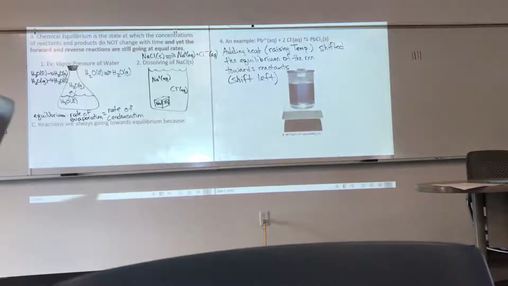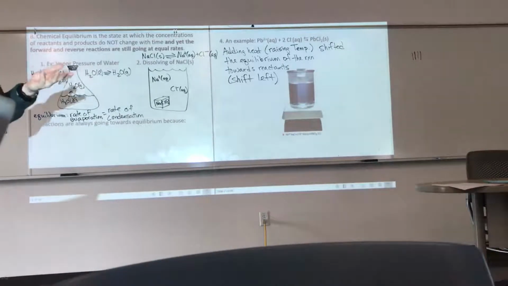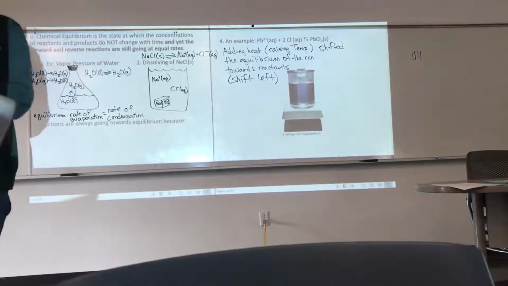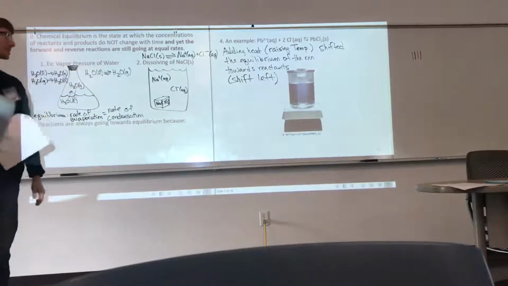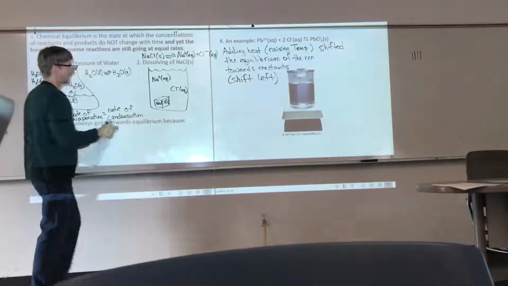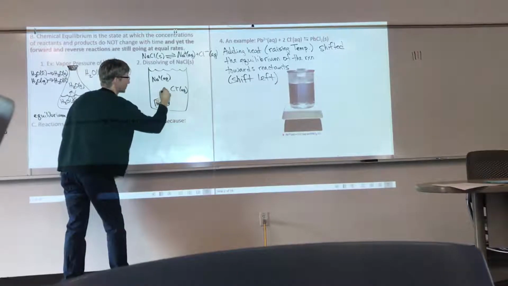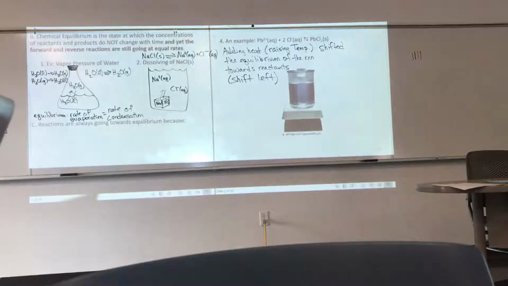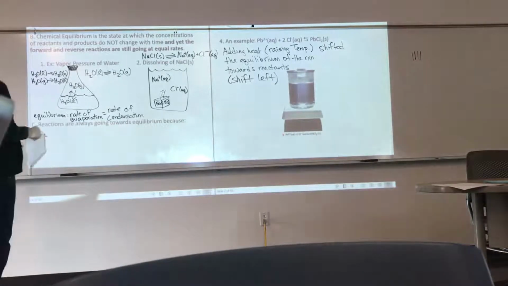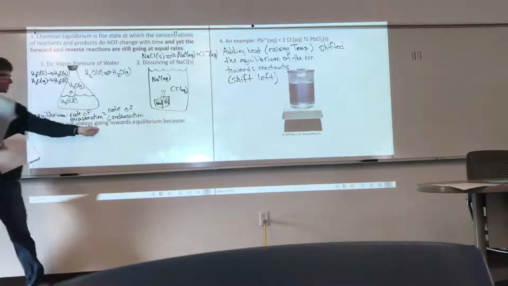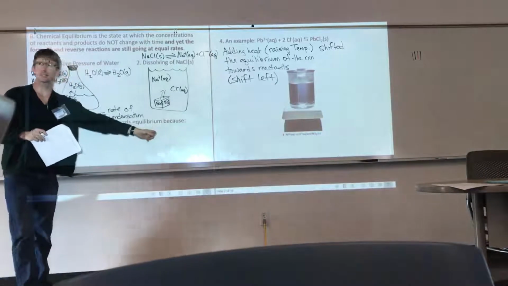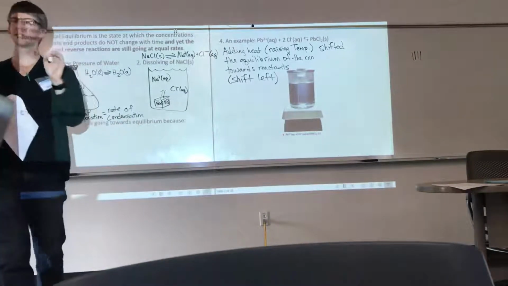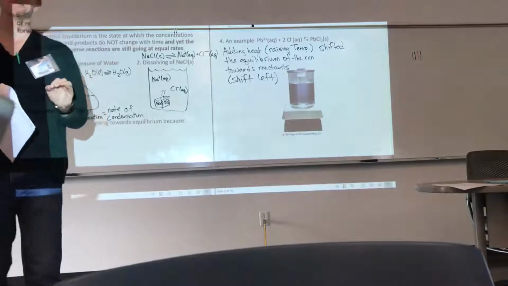So this is my way of saying we've seen these reactions before. Now we're just going to be looking at them going forward and reverse instead of just one way. And to complete the picture, I could even draw an equilibrium arrow showing some of it dissolving and some of it coming back. Reactions are always going towards equilibrium because equilibrium is the lowest energy state of the system.